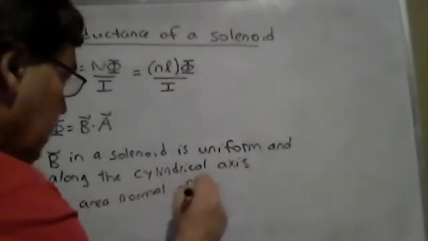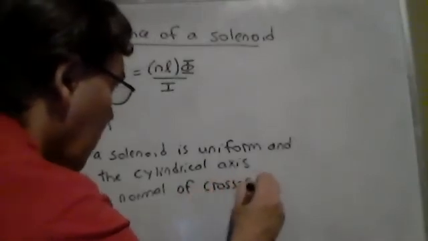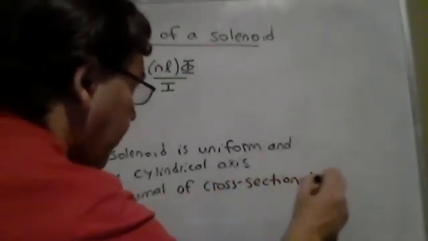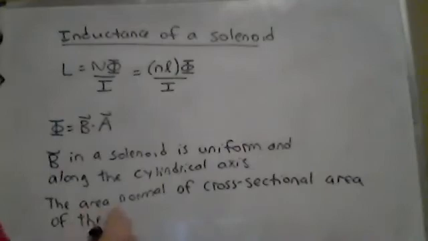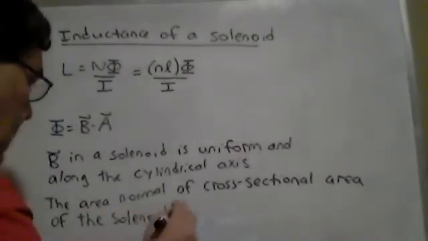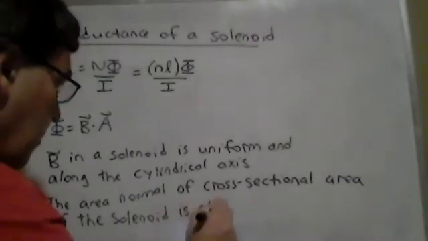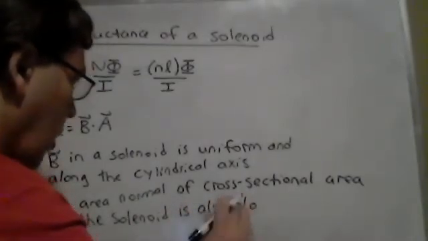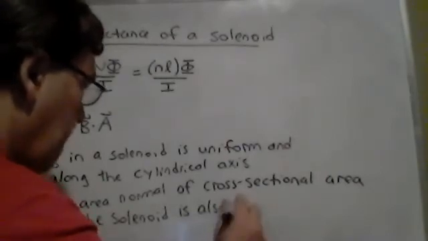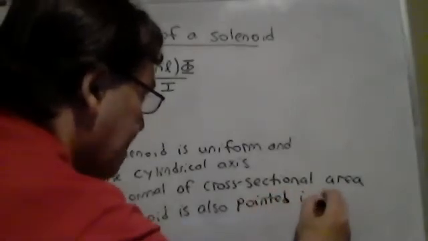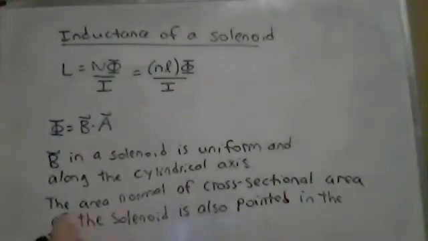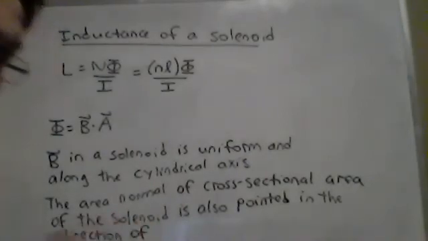A, the area normal of the cross-sectional area of the solenoid, is also pointed in the direction of the cylindrical axis.